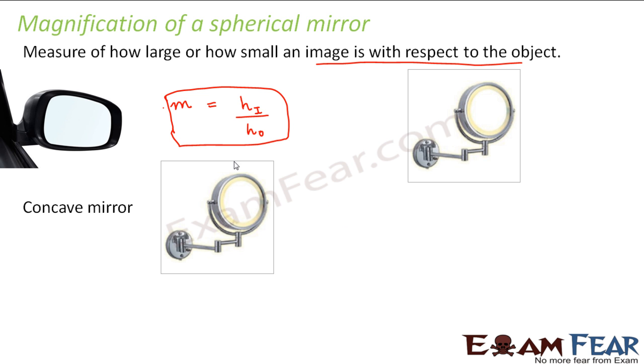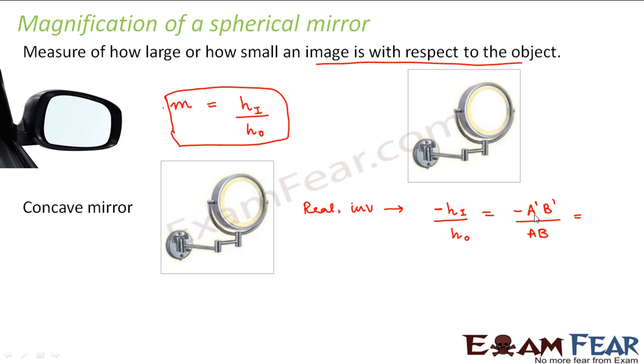In the previous slide, I told you that in a concave mirror, a real inverted image was formed, right? So if a real inverted image is formed, the height of the image is minus h, and the height of the object is h_o. Now, the height of the image is minus A dash B dash, and the height of the object is AB.